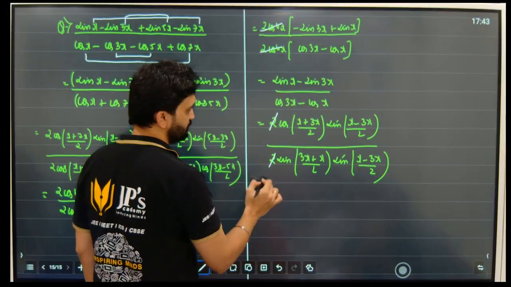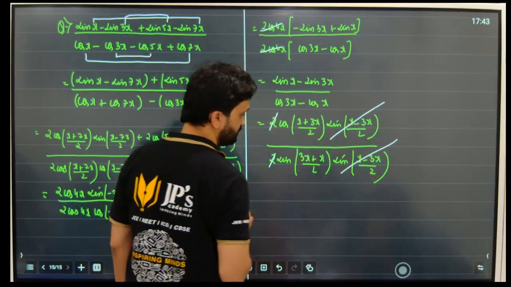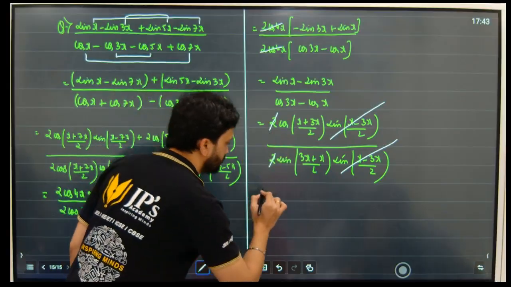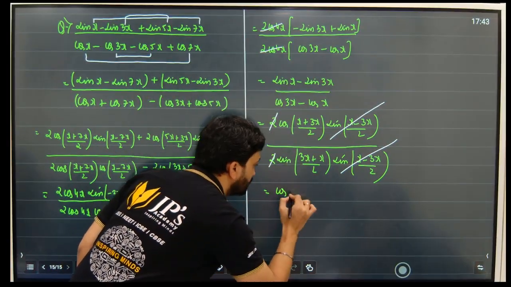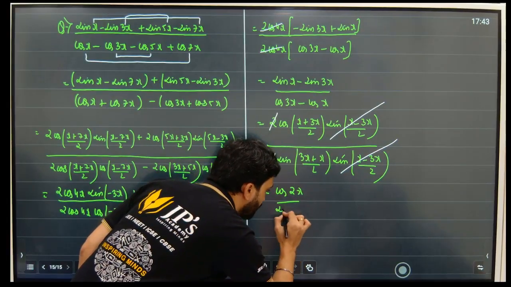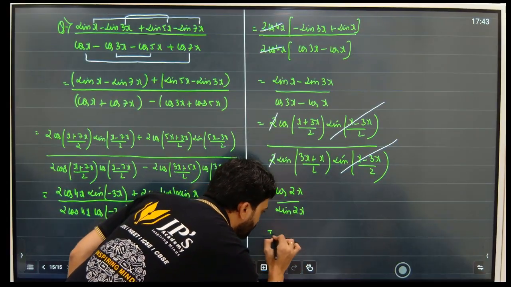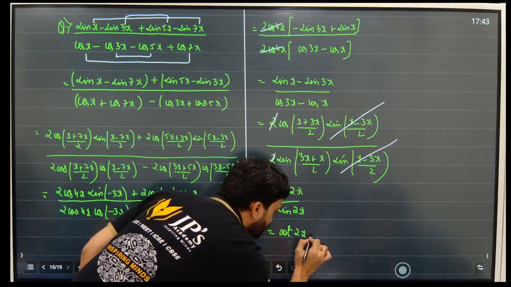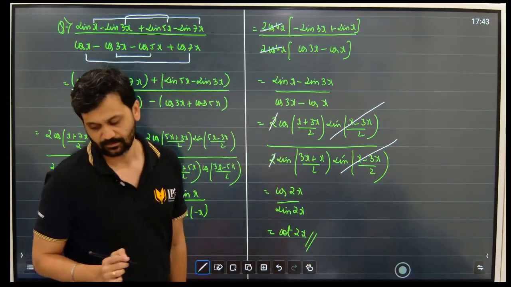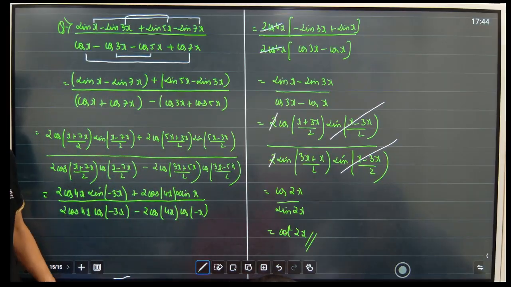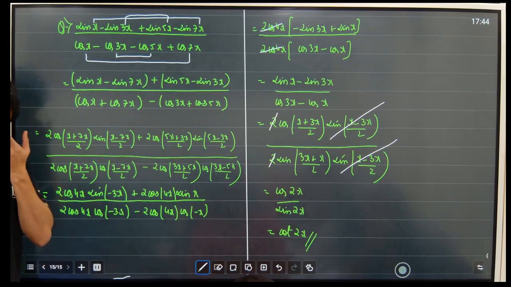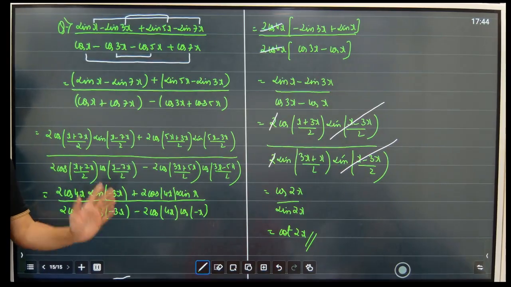This 2 gets eliminated. This entire term gets eliminated. I am left with cos 2x upon sine 2x, which is equal to cot 2x. Cos 2x upon sine 2x will become cot 2x. Have you guys understood this? Is it right?